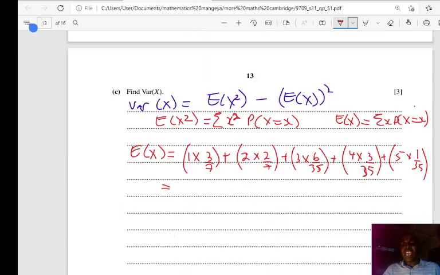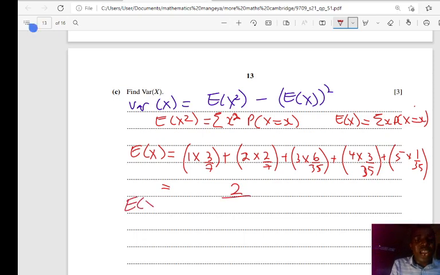If we simplify, we get 3 divided by 7, plus 4 divided by 7, plus 3 times 6 is 18 divided by 35, plus 12 divided by 35, plus 5 divided by 35. You get 2. So that's the E of X.